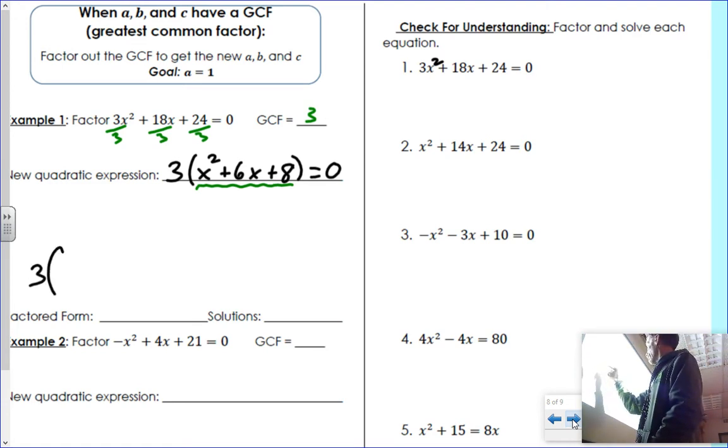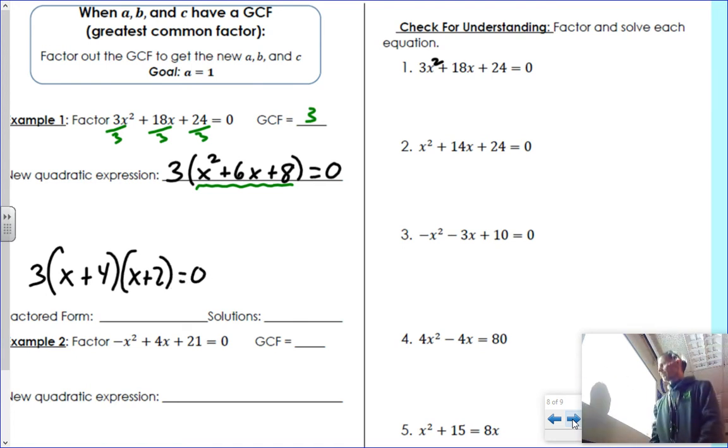So in this case, your factored form would be 4 and 2, since 4 times 2 is 8 and 4 plus 2 is 6. And when you solve it, you don't need to worry about the 3 outside, because if you set 3 equals 0, that doesn't make any sense anyway. So all we need to worry about are the factors with the x involved.